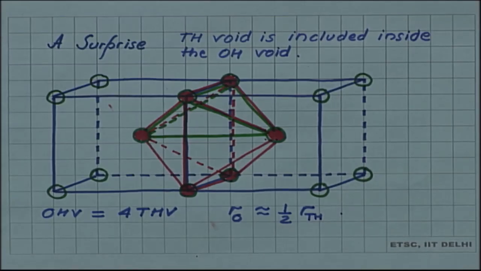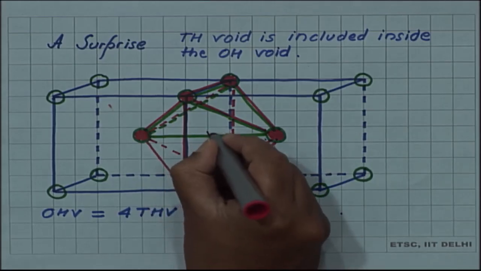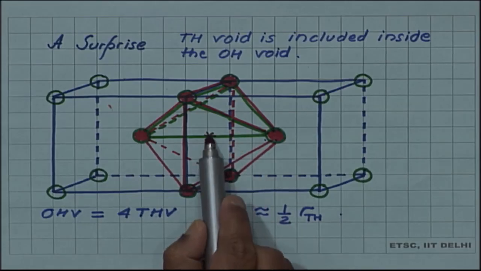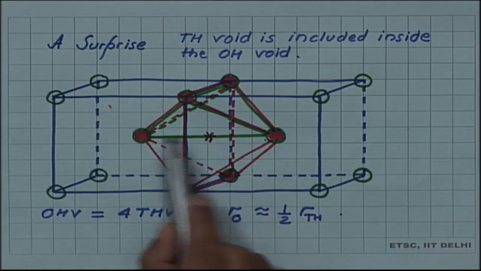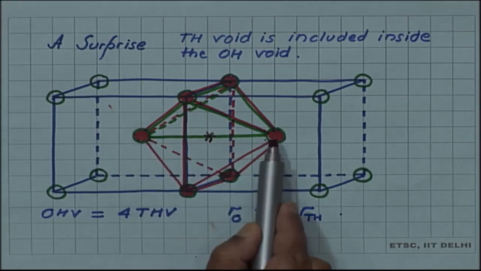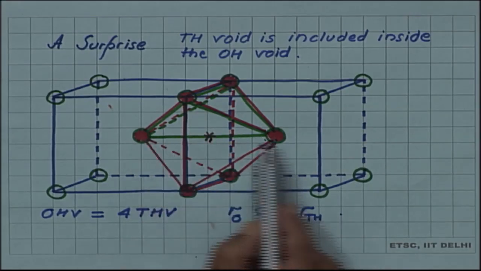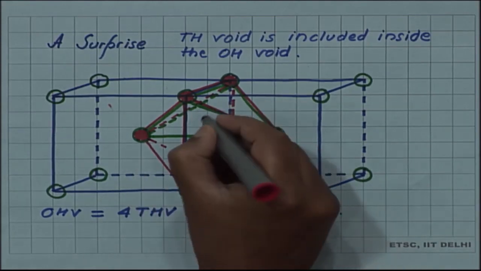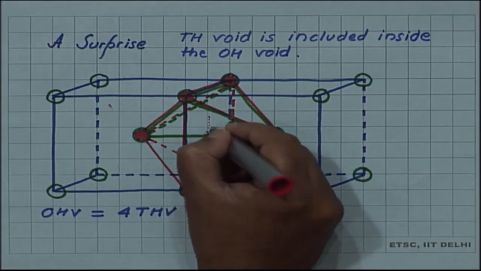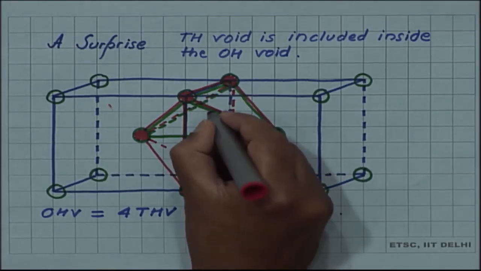This appears counterintuitive, but this is a result of the location of the centroids of the two voids. The octahedral void centroid was located here, and if we place an atom here, these two atoms are quite nearby and they decide the size, and that is what gave us a smaller size. Whereas, the centroid of the tetrahedral void we saw was halfway between this center and the edge center.